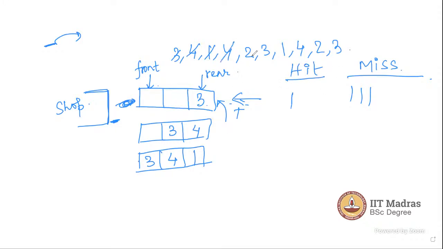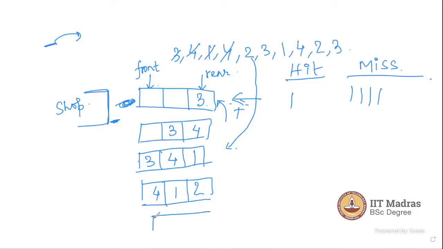So next time, in the next entry you get 4, 1, 2, right? So this is also a miss. You are getting my point, right?